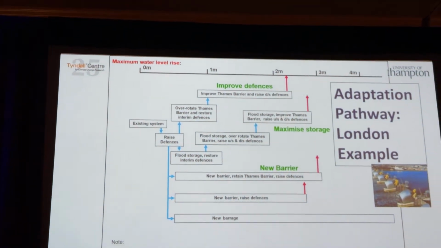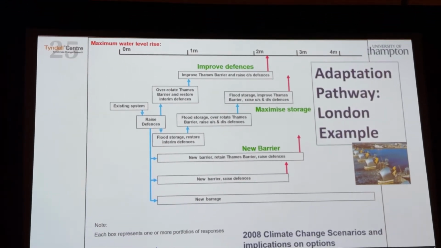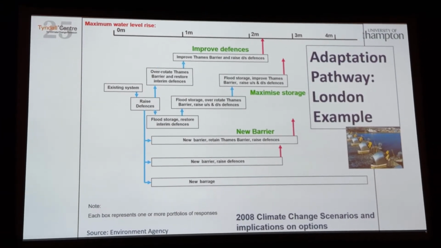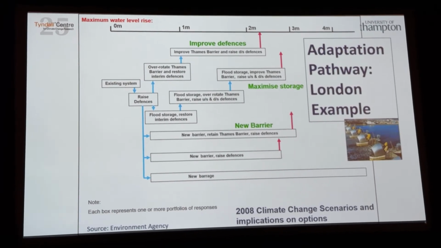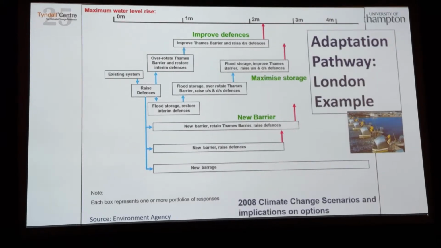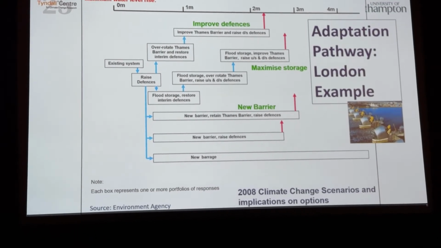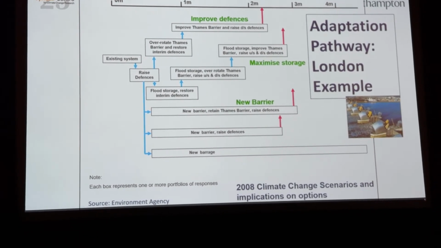And that's been done. This is London, the Thames Barrier, a huge piece of infrastructure, very expensive to modify. What do we do? Its design life is actually the end of 2030. Formally, it can be pushed beyond that, but that was the formal design life when it was opened, 50 years.